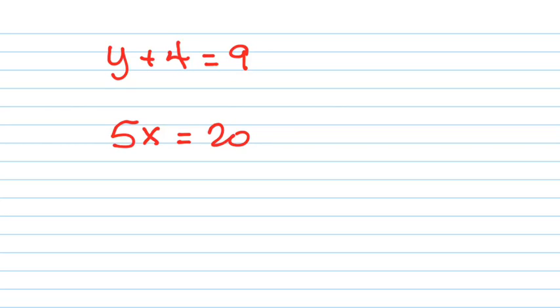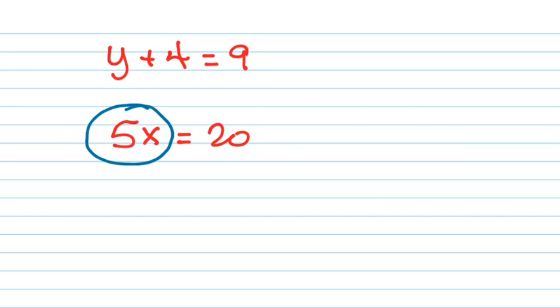Then I want to get all my variable terms on one side. How many variable terms do I have up here? One. Just one. What is it? 5x. Be careful, the whole variable term is what I'm talking about, remember? A variable term is the sign, coefficient, variable, every bit of it.